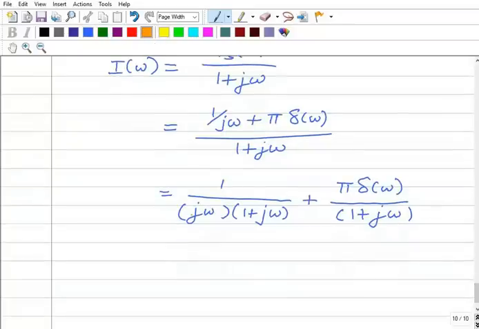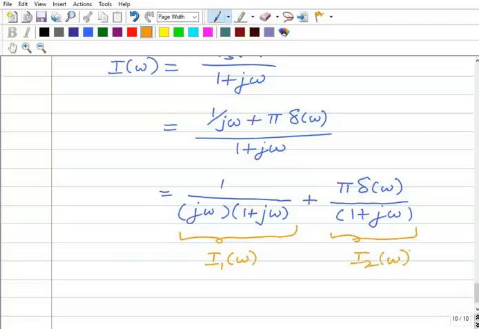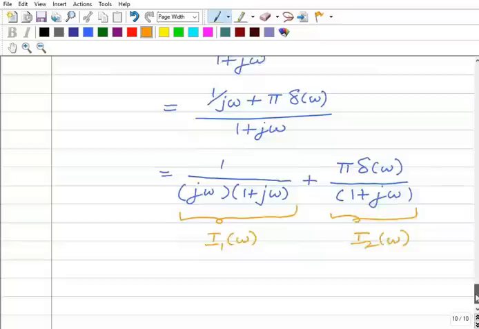See, this term you can easily do partial fraction. Let me call this term I1 of omega and this I2 of omega. We know the linearity property. Separately you can solve, and if you add you will get the overall result. So let me solve for I1 of omega first.